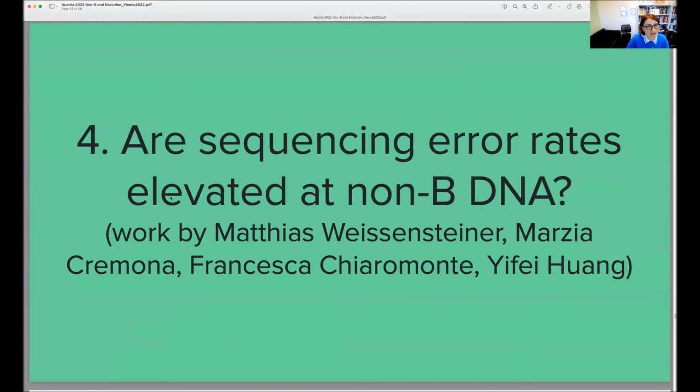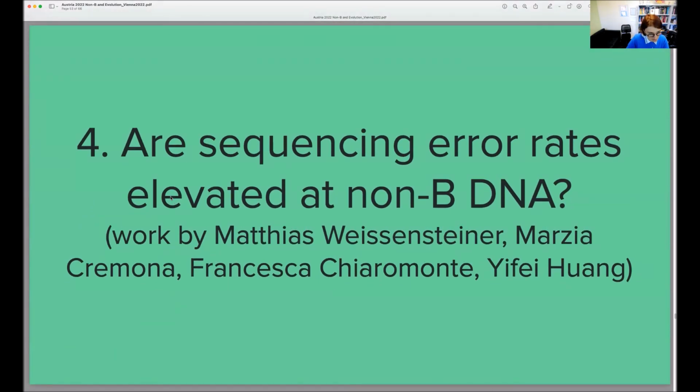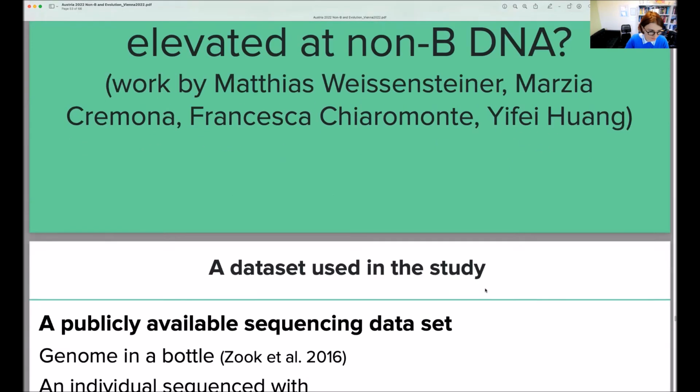One thing that kept coming up is whether sequencing error rates are elevated at non-B DNA, even outside of PacBio technology, because this then can interfere with our studies of diversity, of our studies of selection. And we looked at different technologies, and we can evaluate the contribution of sequencing errors to non-B DNA.